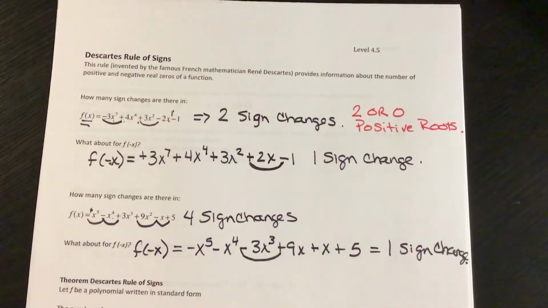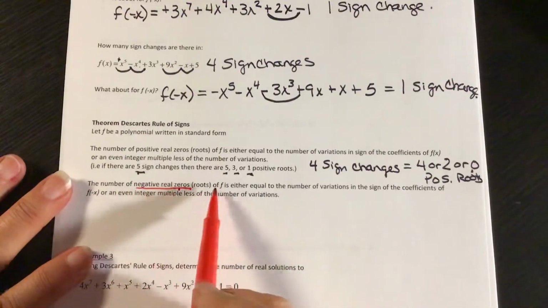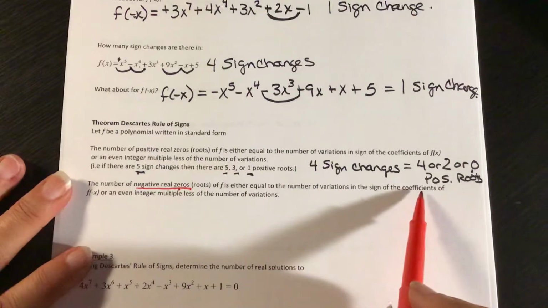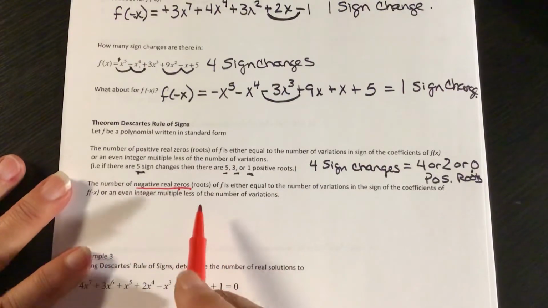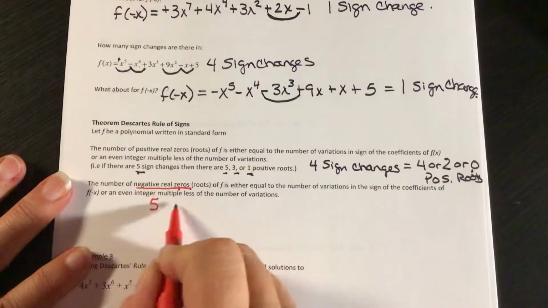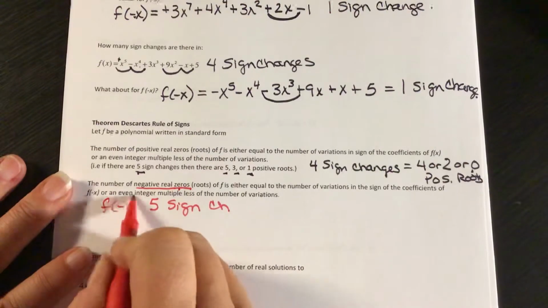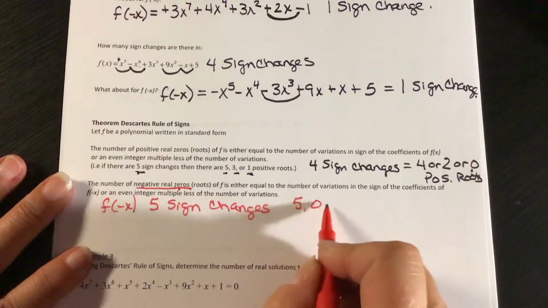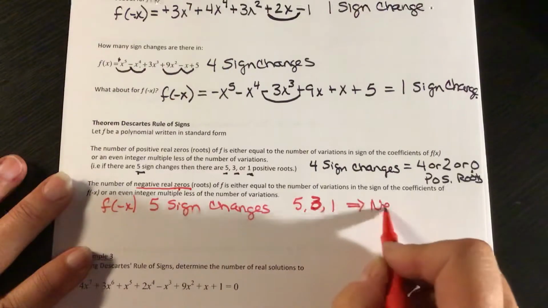Then it says the number of negative real roots is either equal to the number of variations of the sign change, so how many sign changes there are, or an even integer multiple less. So if I have 5 sign changes for f of negative x, then I could have 5 or 3 or 1 negative roots.